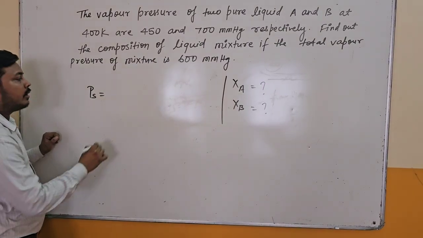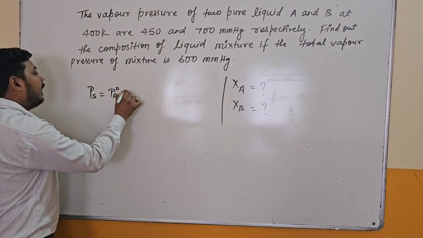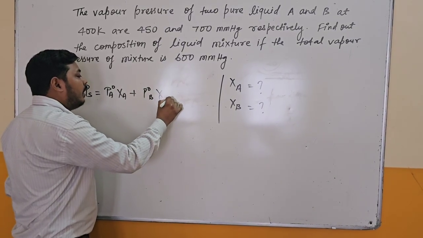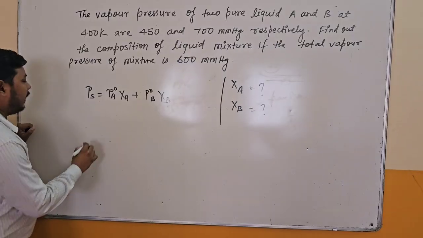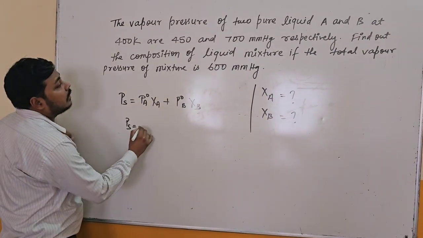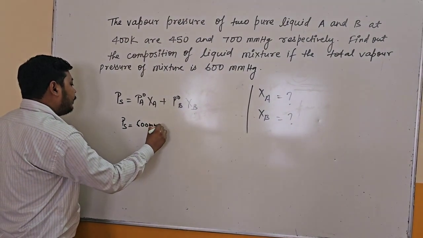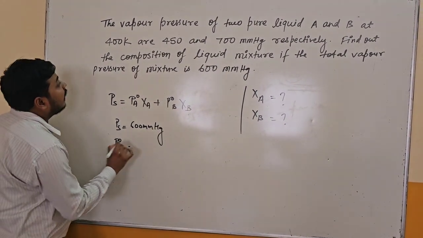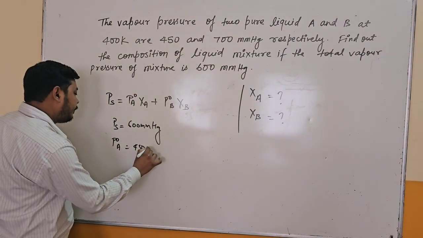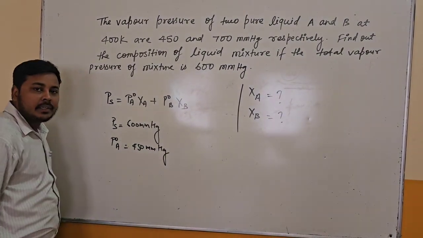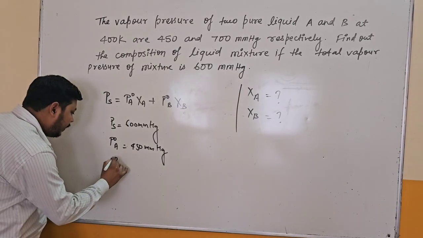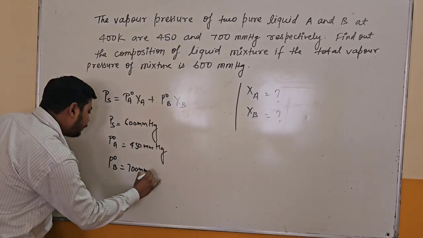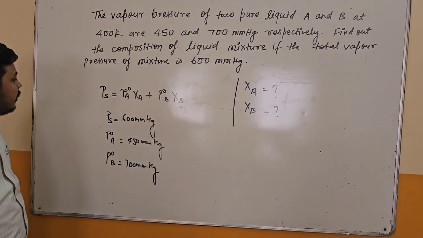The vapor pressure of solution is equal to pure vapor pressure of A into mole fraction of A plus pure vapor pressure of B into mole fraction of B. In the question, it is given that the vapor pressure of solution is 600 mmHg, the pure vapor pressure of A is 450 mmHg, and the pure vapor pressure of B is 700 mmHg. We have to solve this question.